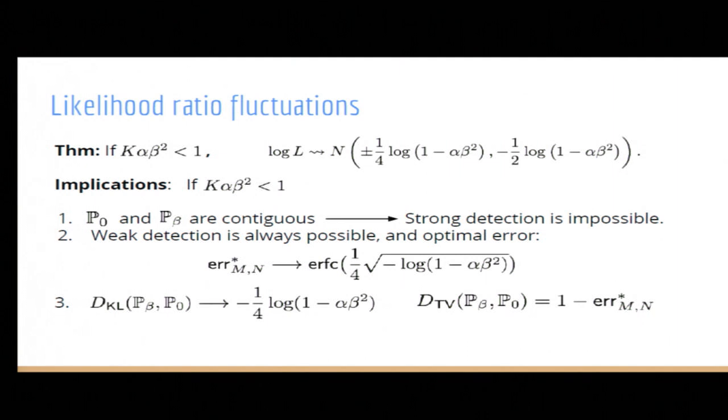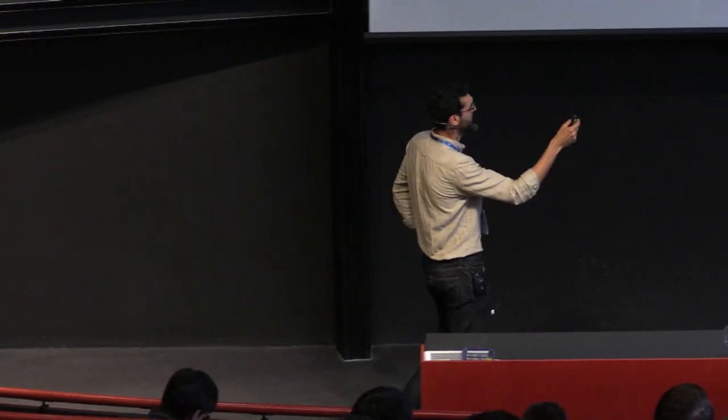When strong detection is impossible, you can ask about weak detection, and it turns out that it is always possible, and the optimal error is given by this formula, where this function is the complementary error function, the tail of the Gaussian. Other consequences of this formula: you can compute the KL divergence between the two distributions. You can compute the TV, which is 1 minus this number. So these are all exact asymptotic formulas, and you can formulate non-asymptotic versions with error terms that go to 0.